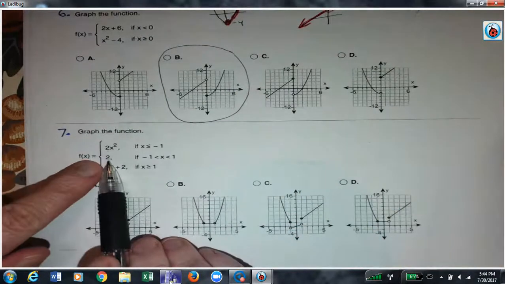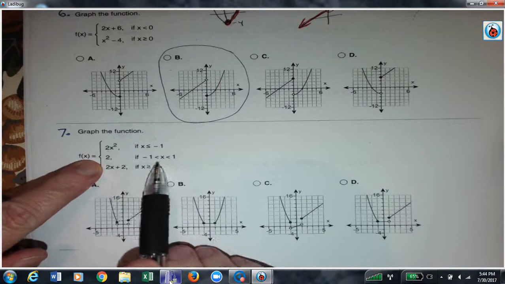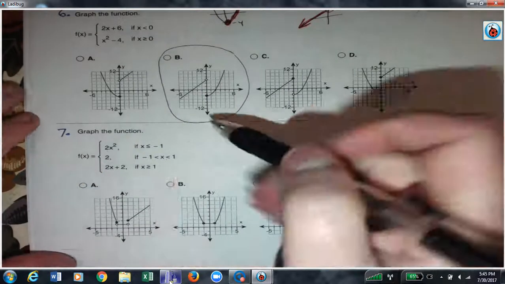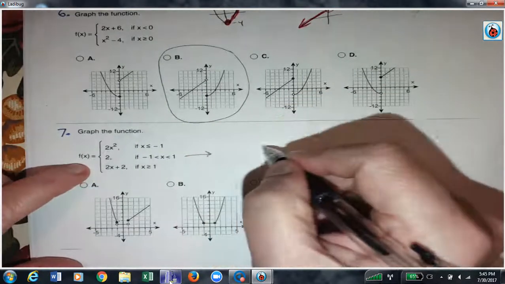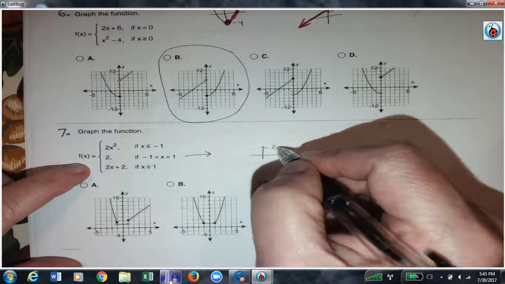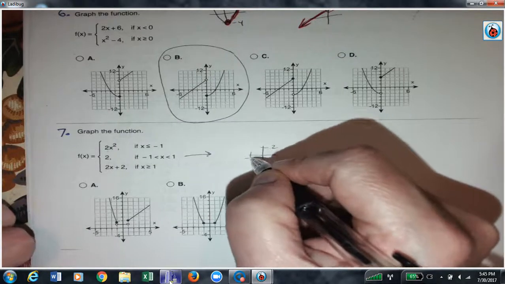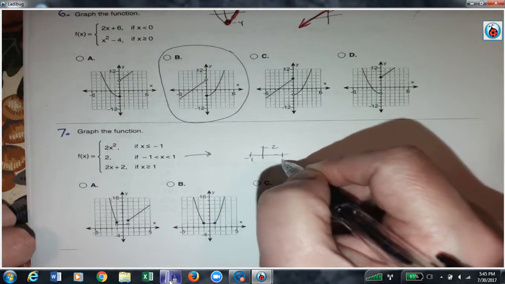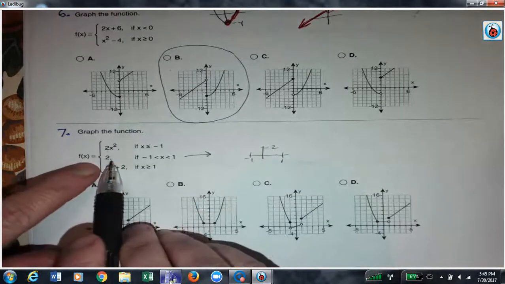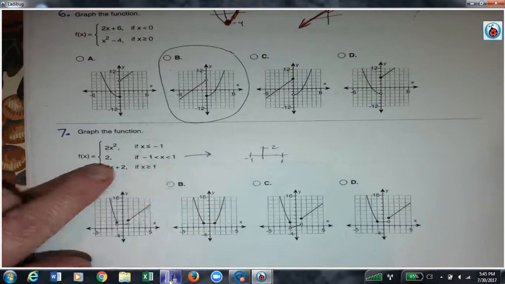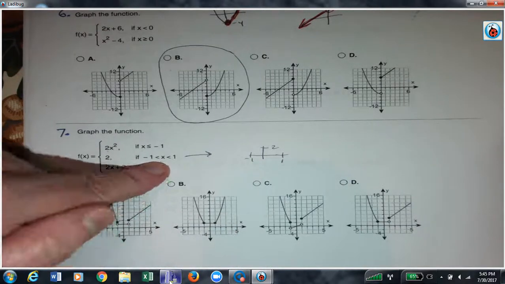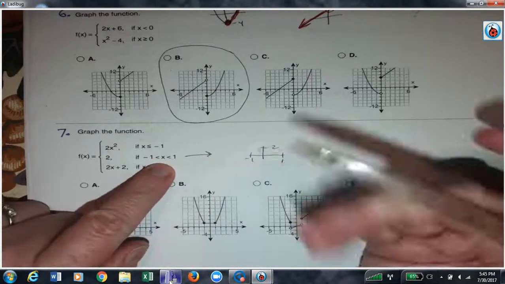Okay. I only want f of x equals 2 when x is between -1 and 1. f of x equals 2 is the horizontal line going through 2, but I only want that when we're between -1 and 1.